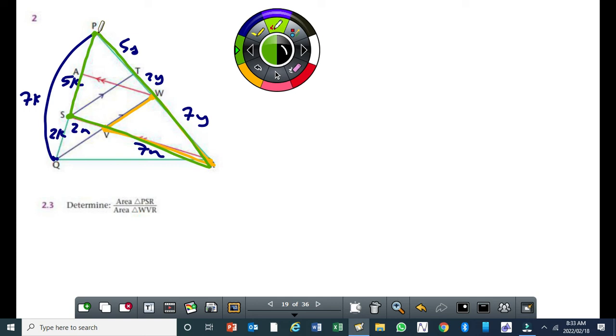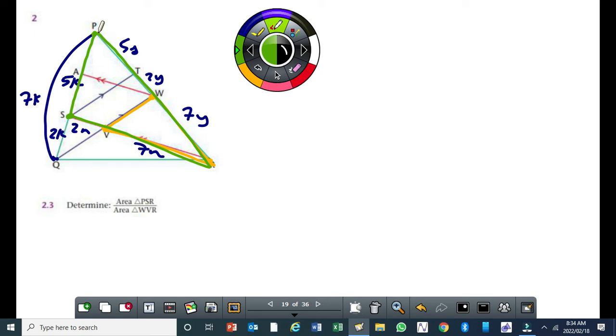If they don't have the same height but they have a common angle, how would you calculate this ratio? Use the area rule. Thank you, Aman. So, because they have a common angle but they don't share a common height, we are going to use the area rule.